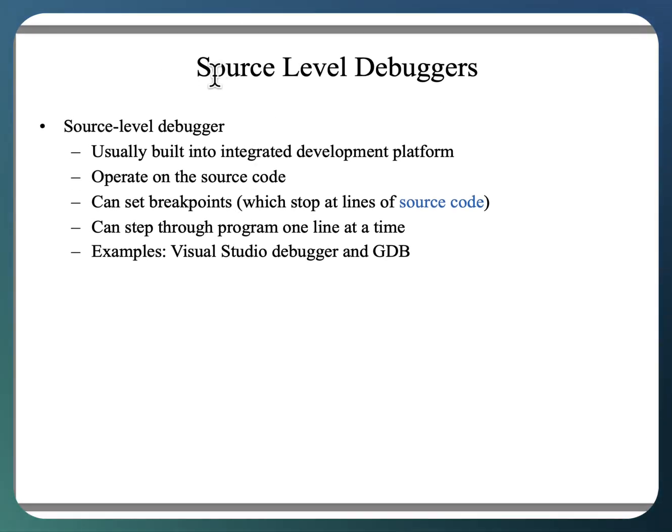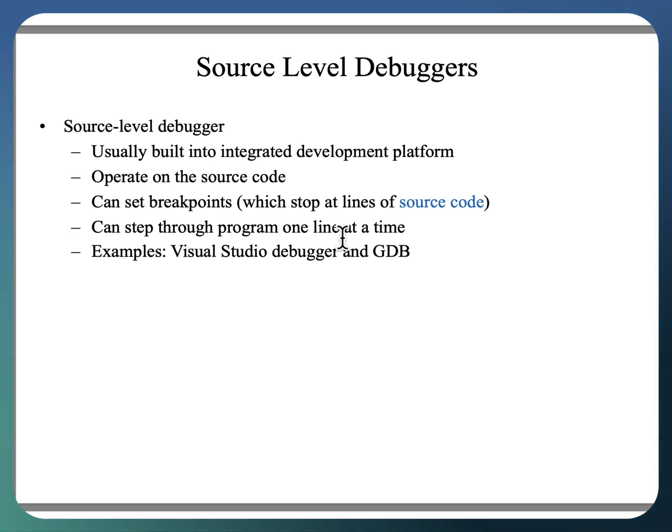So first of all, source level debuggers. Source level debuggers are usually built into integrated development platforms, and they operate on the source code. You can also set breakpoints as you are analyzing the code, and you can step through the program one line at a time. An example is the debugger feature from Visual Studio. You could also use the GNU debugger, GDB, to do that.